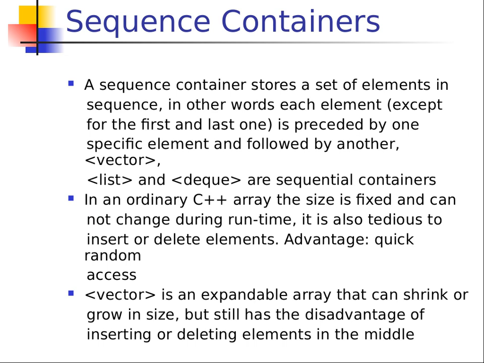Let's see, sequence containers. C++ does distinguish between regular containers and sequence containers. Sequence containers hold the values in sequence, so it's very efficient to iterate through them. Vector, list, and deque are the sequence containers.